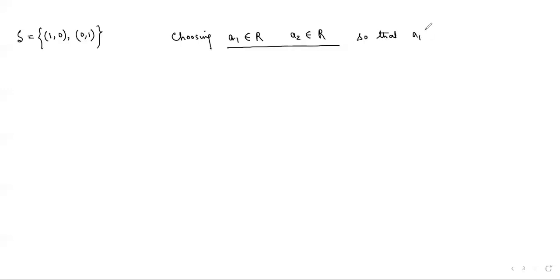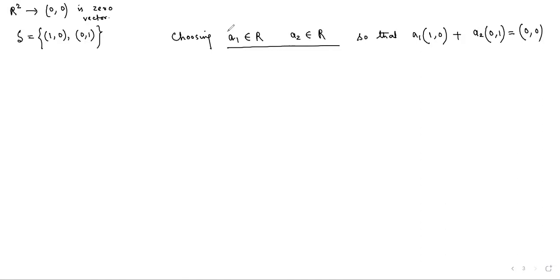If I multiply the first vector by a1 and the second vector by a2, and if I equate this to 0, 0, because you know that if you are talking about R2 space, then 0, 0 is the zero vector.